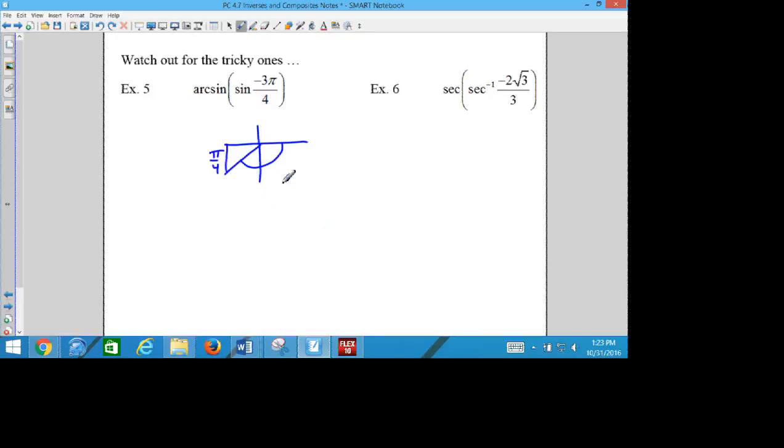So the sine of this angle right here is what? You guys are afraid to say the wrong answer. I get it. Is it negative radical 2 over 2? Yeah, it is.